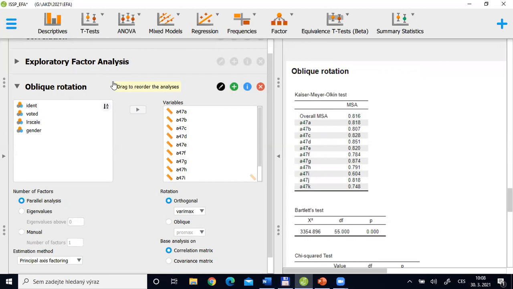Do you expect that these two dimensions, the left-right scale and the liberal-conservative scale, are related in the Czech Republic closely, or only a weak relationship is expected? And what could be the relationship? Positive, negative? It means whether left-oriented people would be more conservative, more liberal. What's your expectation before we start to compute results?